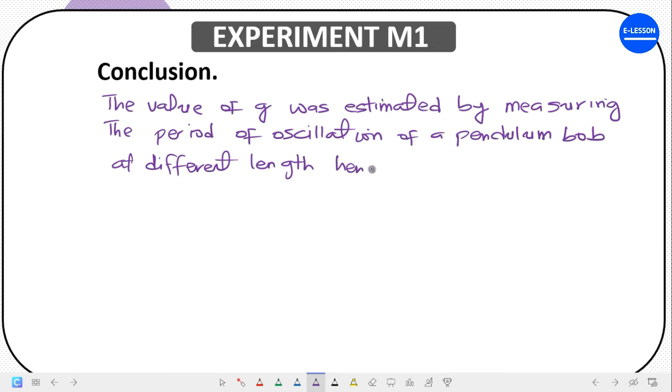Hence, T equals 2 pi root L over G was verified. Are you getting it now? So this is how to go about this question.